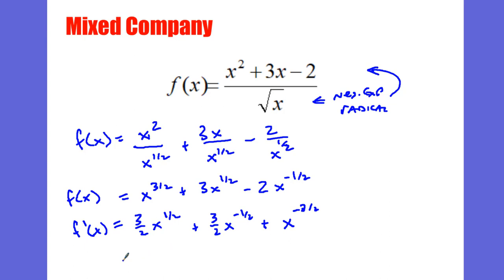We can clean it up a little bit. So if I clean it up, 3 times x to the 1/2, that's the square root of x, over 2.